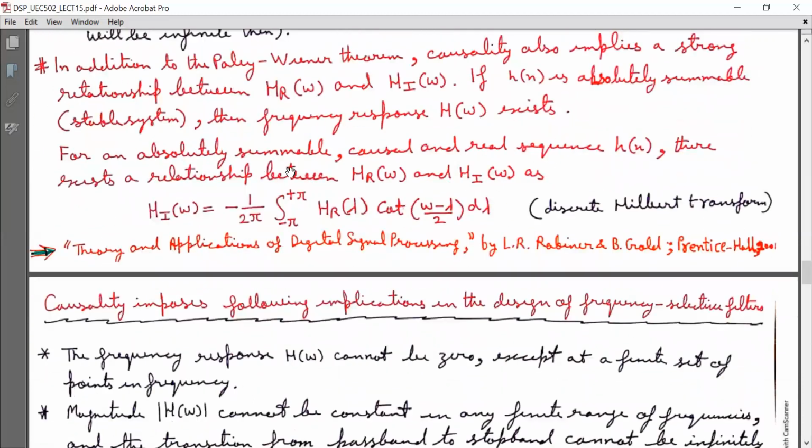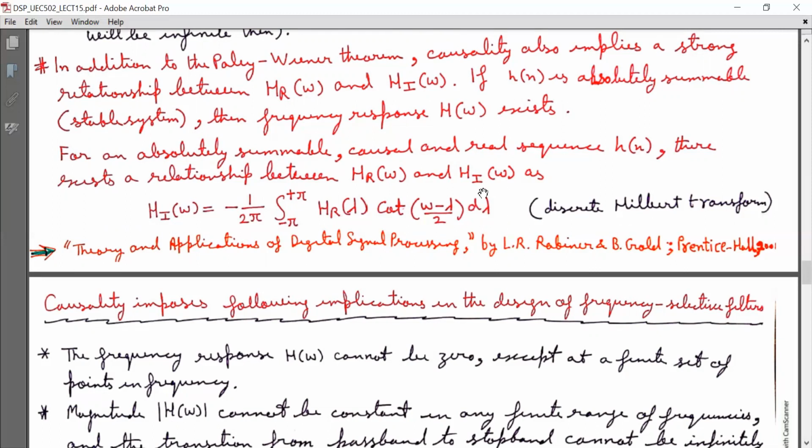For an absolutely summable, causal and real sequence h(n), there exists a relationship between HR(ω) and HI(ω): the imaginary part HI(ω) is equal to minus 1 by 2π integral from minus π to π HR(λ) cot((ω minus λ)/2) dλ. This is called the discrete Hilbert transform.